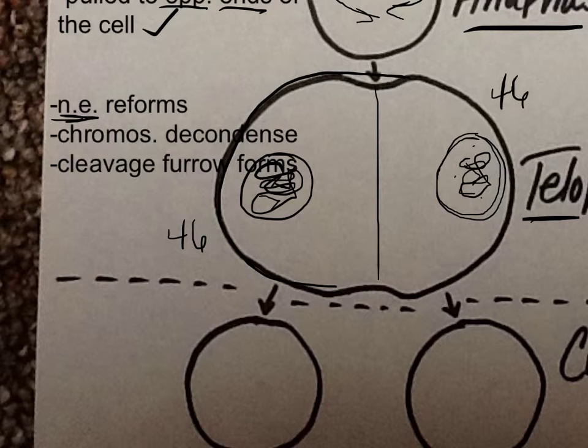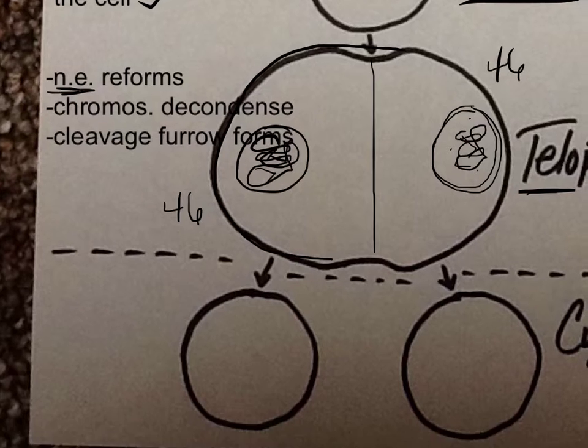The other thing you're going to notice, okay, is that your mitotic spindle is going to break down, and those microtubules that acted as spindle fibers are going to be reabsorbed into the cell somewhere and used as part of the structure of the cell somewhere.